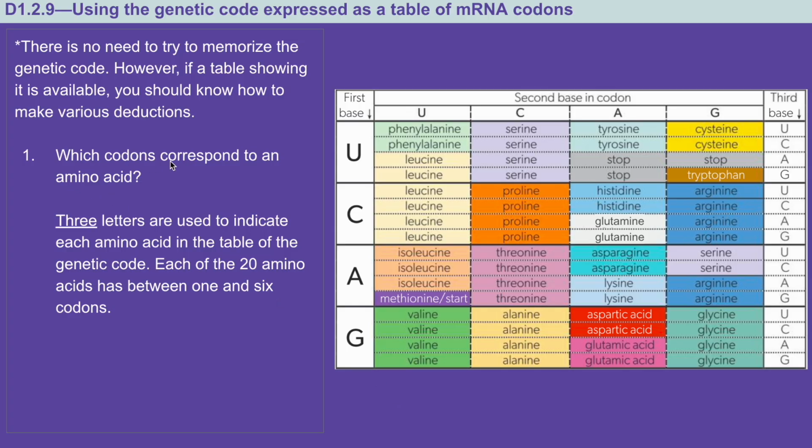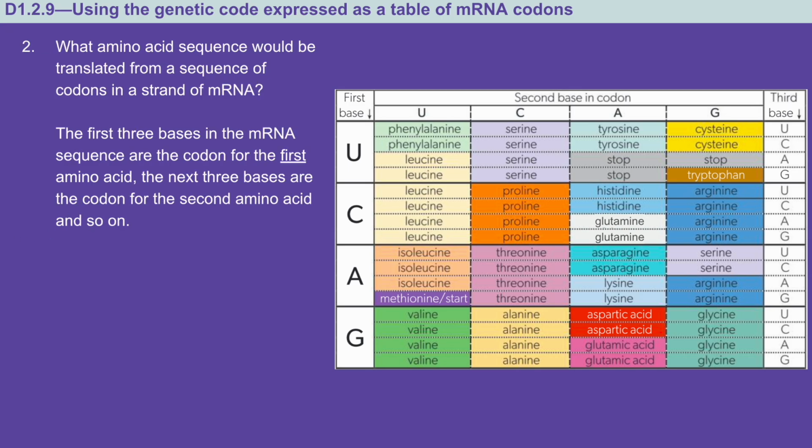So first up, which codons correspond to an amino acid? Remember, 3 letters are used to indicate each amino acid. So each of the 20 amino acids has between 1 and 6 codons. Number 2, what amino acid sequence would be translated from a sequence of codons in a strand of mRNA? So the first 3 bases in the mRNA sequence are the codon for the first amino acid.